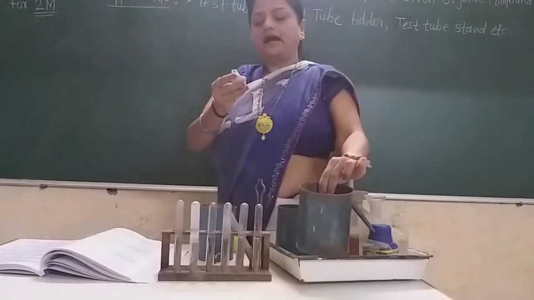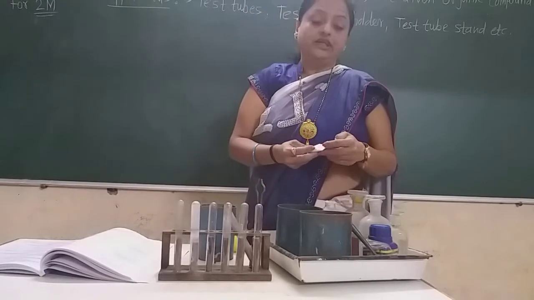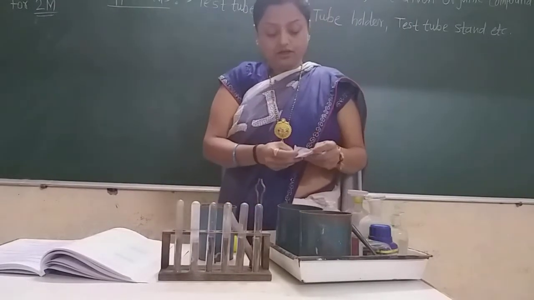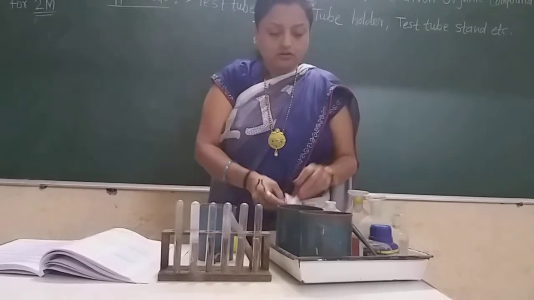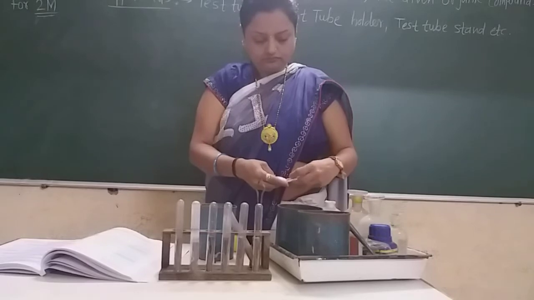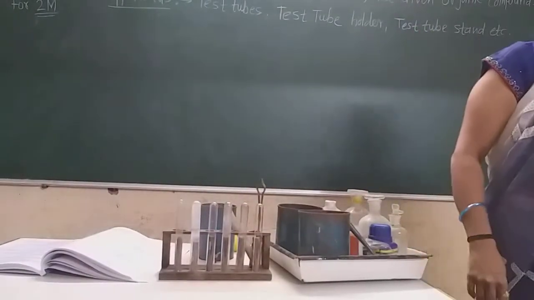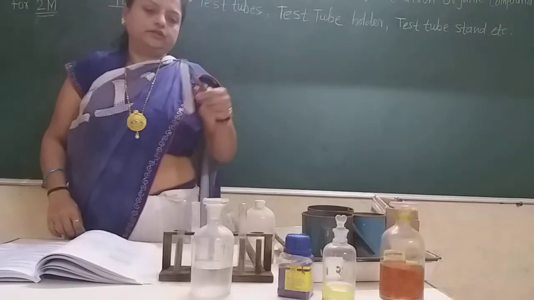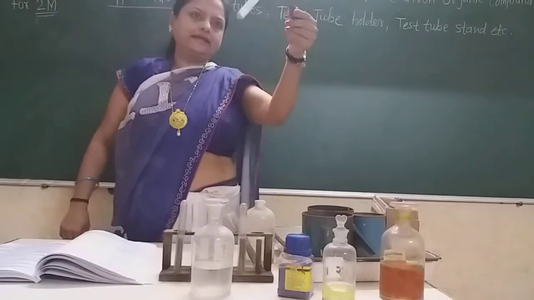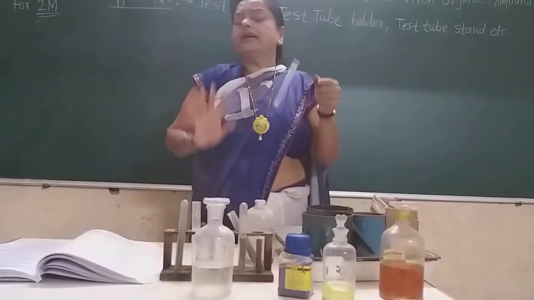Let us identify which functional group is present in the given organic compound. Now I take the organic compound here in the test tube. Now this is one of the organic compounds.